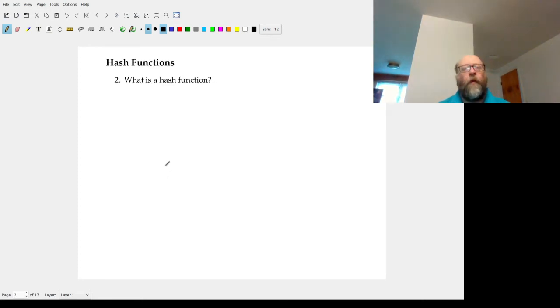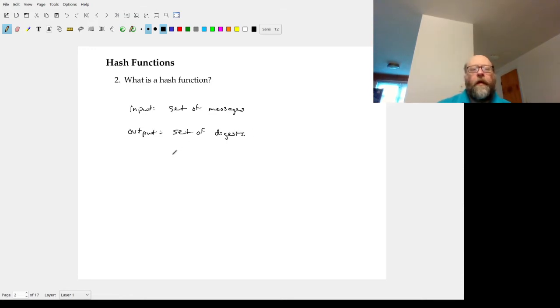All right, moving on. What's a hash function? So a hash function takes as an input a possible set of messages, and as an output it produces a set of digests.